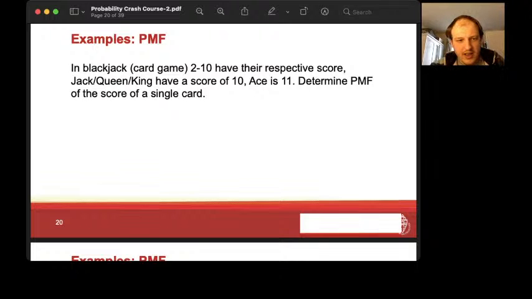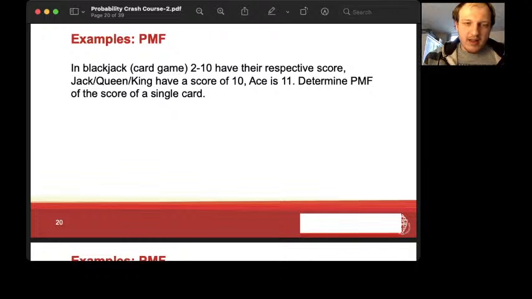Here I give an example with a card game where all cards from 2 to 10 have their respective score, and Jack, Queen, and King also have a score of 10. Your ace counts for 11.